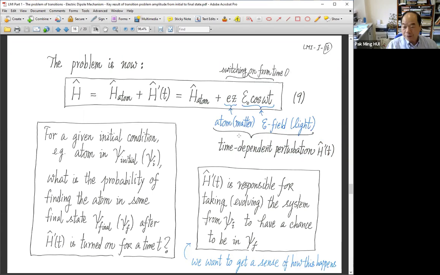What is the question? We have a time-dependent Hamiltonian, therefore, we will not ask for energy eigenstate. That doesn't make any physical sense, right? Because the energy is not conserved in a time-dependent Hamiltonian.